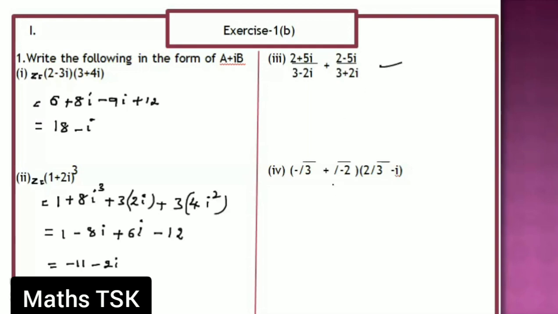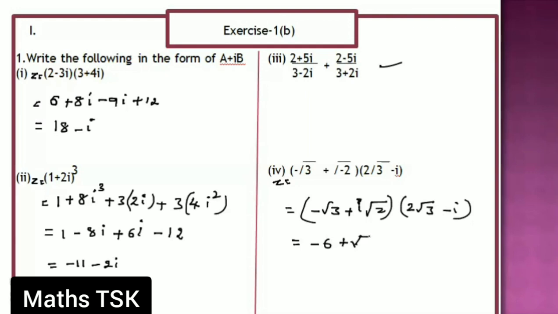Look here, we consider this as z, multiply by minus root 3. I square is minus 1, so I can write it as i root 2. i root 2 into 2 root 3 minus i. Now multiply. Root 3 into 2 root 3 becomes 6, minus root 3 into minus i becomes plus root 3 i.